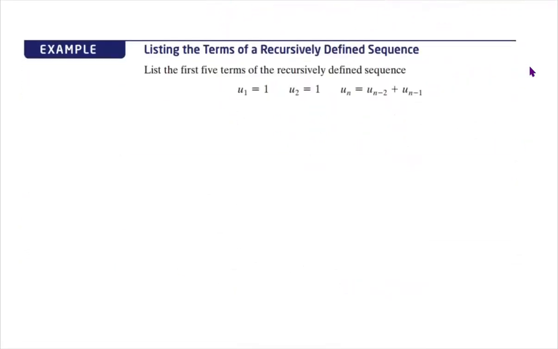Here's another example. The 5 first terms of the recursively defined sequence. So you have u1, that is 1. Also, we have u2 equals 1. So we have 2 terms already. Now, we can use the definition of un to find the 3 other terms, right? So u3 will be, by definition, u3 minus 2 plus u3 minus 1.